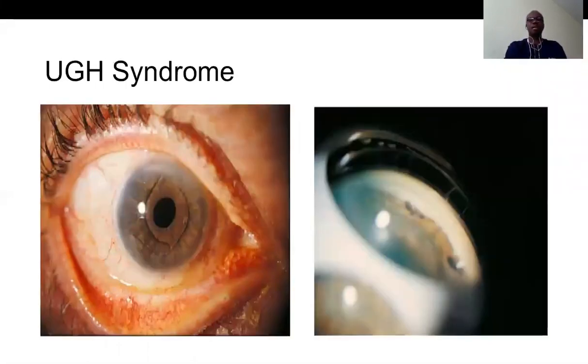The picture you see here is from a patient with UGH syndrome. You can see the ACIOL that's in place. And then on the right, this gonioscopic view actually shows a loop, one limb of the ACIOL that has now found its way through the PI and is now posterior to the iris.